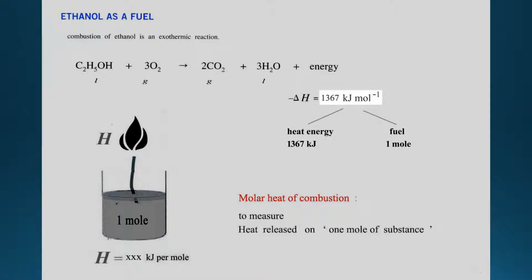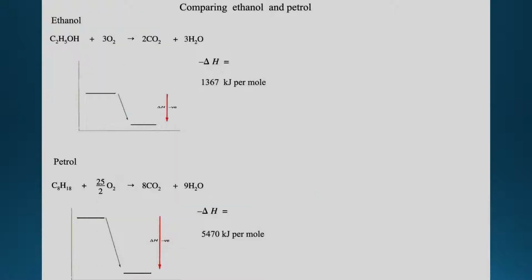Now let's go on to compare petrol and ethanol. Ethanol with oxygen gives carbon dioxide and water. Energy release is 1367 kilojoules per mole. Petrol with oxygen also gives carbon dioxide and water.